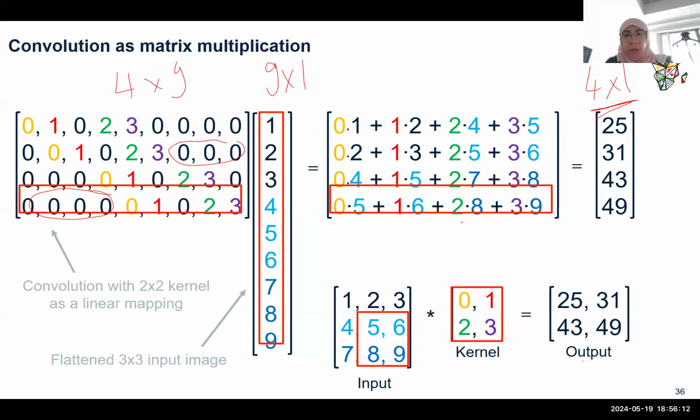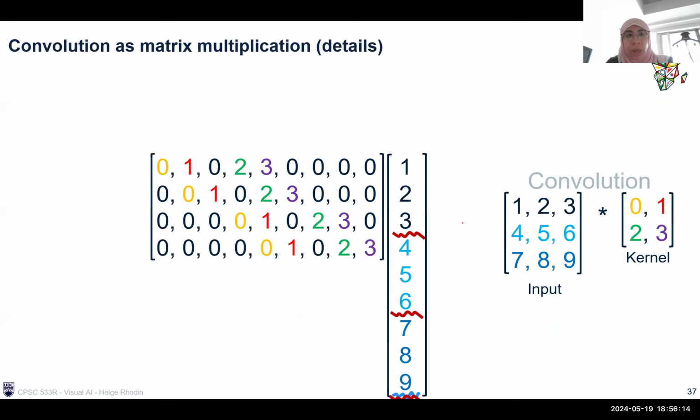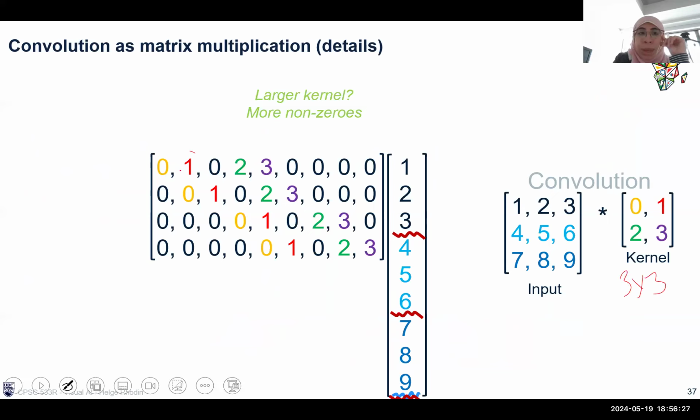The next thing we'll look into is this convolution as matrix multiplication with different sizes. If you have a larger kernel, so instead of this 2x2 kernel you have a 3x3 kernel, you will end up having more non-zeros, so your matrix will change in that way.